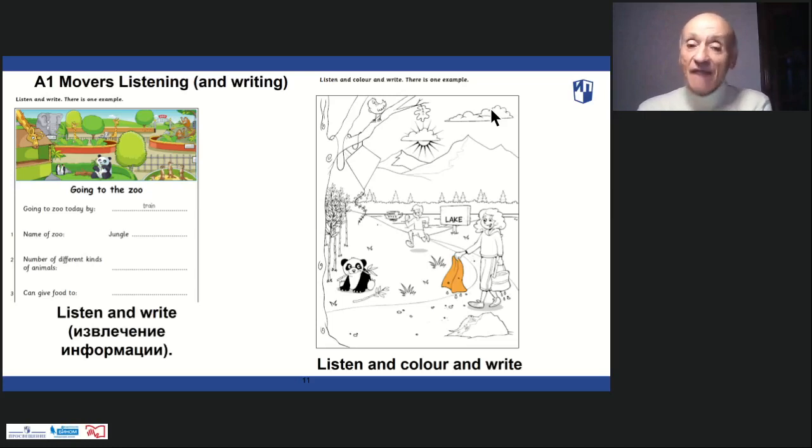So they have to be very focused, which is essential for children at this age. Listen and color and write. There is one example. They have to write what is required in the task. There is one example here.